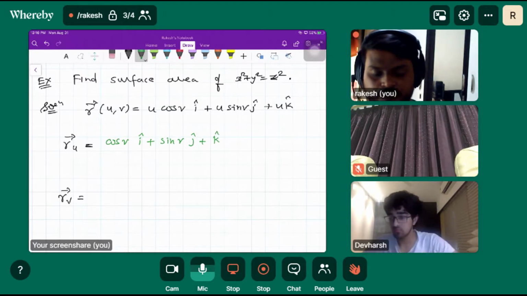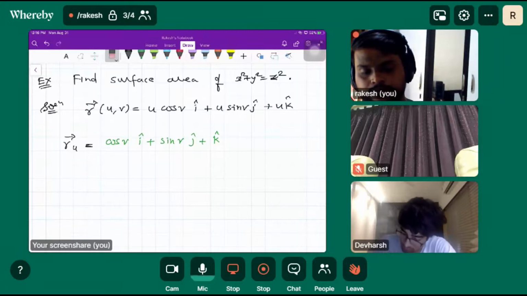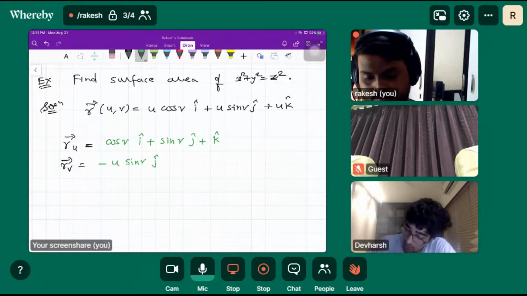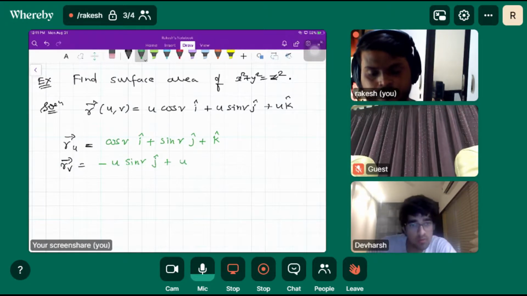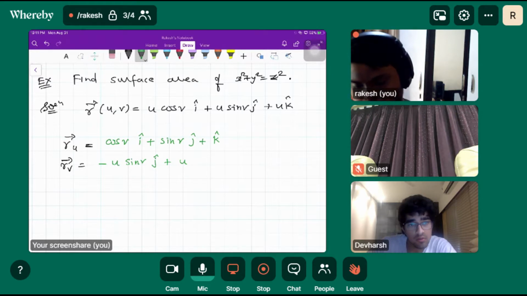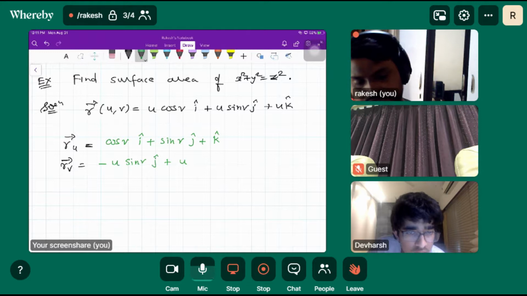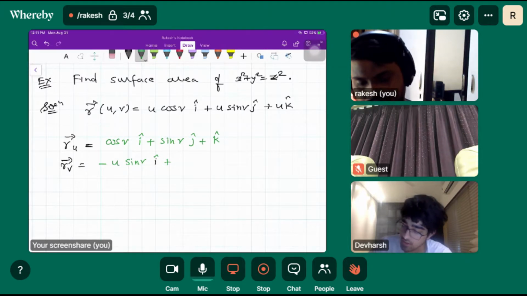And what is the partial derivative with respect to v? It is minus u sin v i cap, plus u cos v j cap, plus zero k cap.